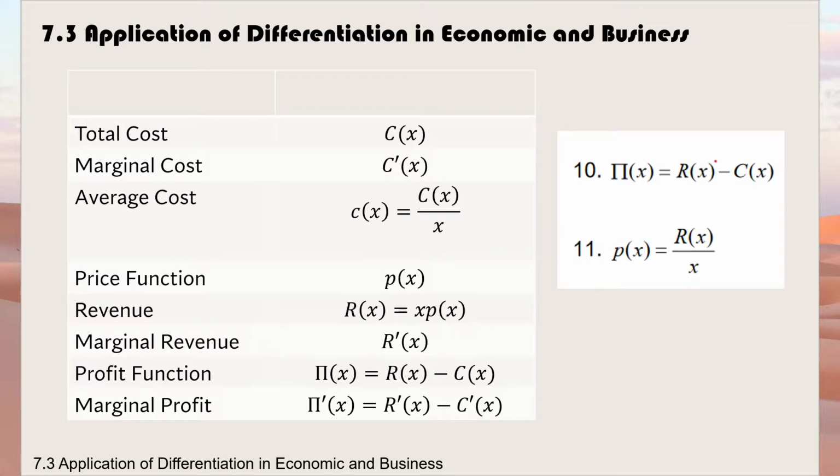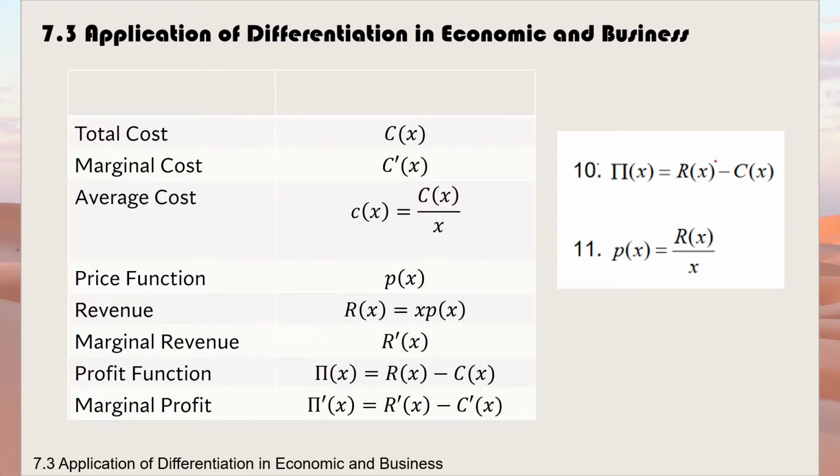If I have a cost, or total cost, we use a capital C. For price we use a small letter P, and revenue we use R. Because P is already taken by price, for the profit we use the symbol pi. It's a huge pie over here.